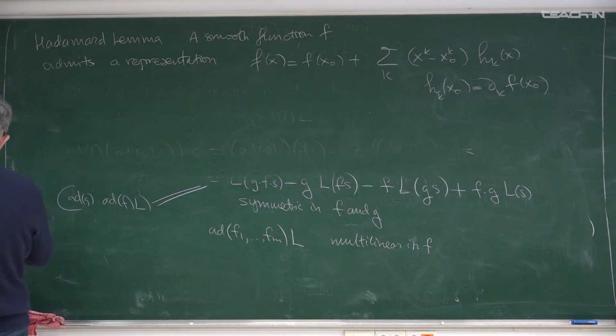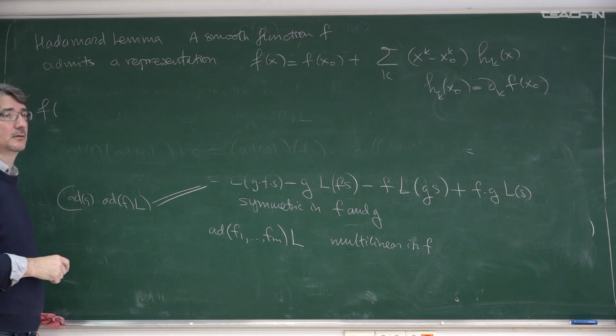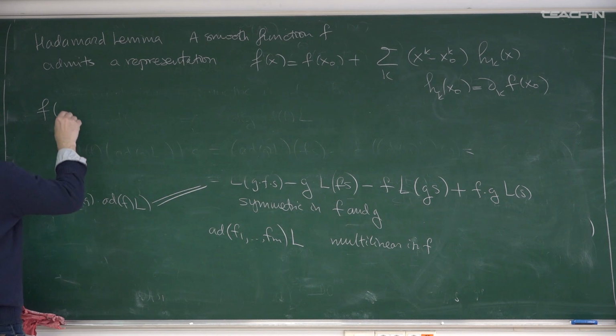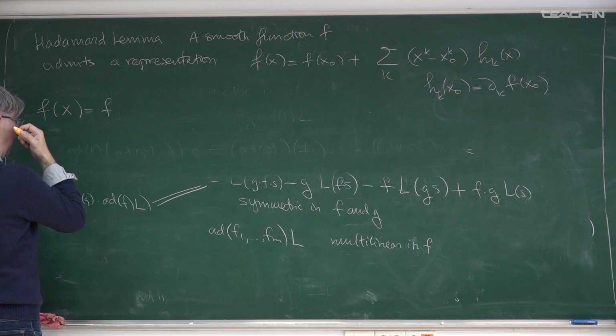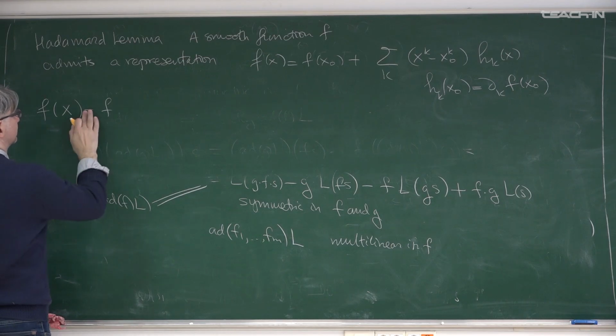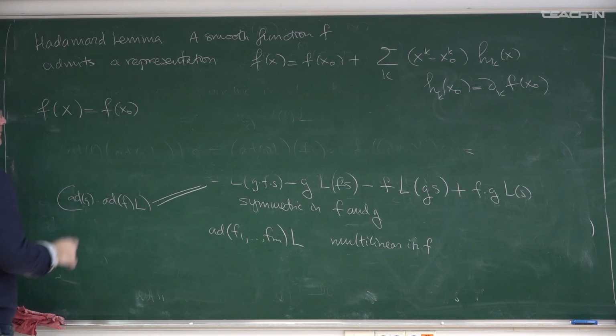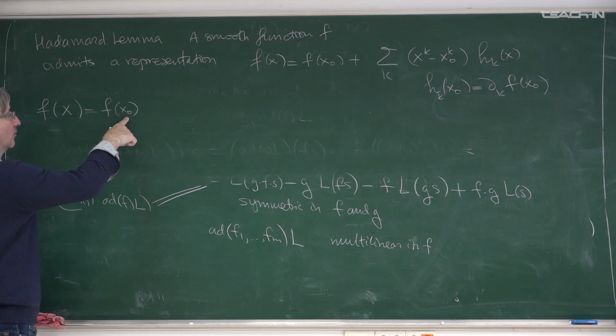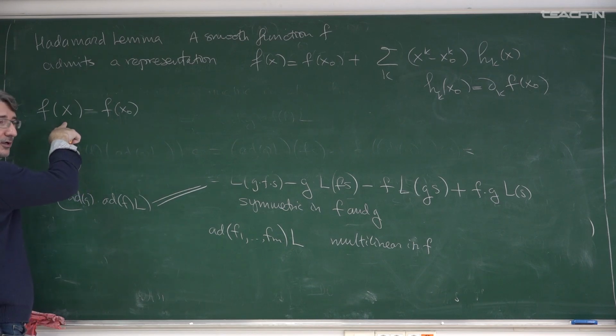The proof is in one line. How to check it? We write the following formula. I want to apply the Newton-Leibniz formula. To what? In the space, I consider a segment starting from point x0 and going to point x.